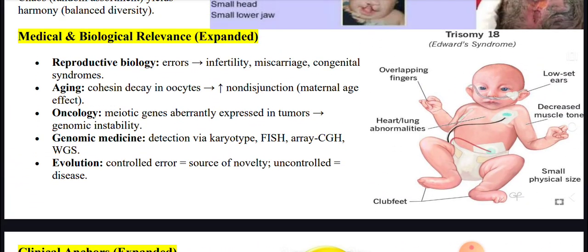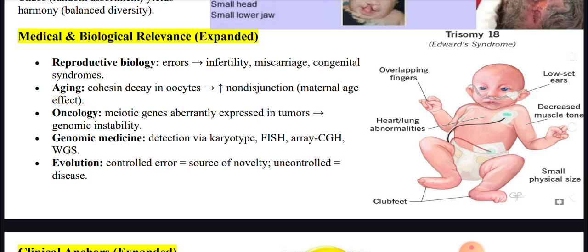That's a fascinating connection. Thankfully, our ability to actually see these meiotic errors has improved dramatically, hasn't it? We're not just relying on looking at chromosomes under a microscope anymore. Oh, absolutely. While the basic karyotype is still fundamental, modern genomic medicine uses a whole toolkit. Fluorescence in situ hybridization, FISH, uses fluorescent probes to light up specific DNA sequences, allowing us to count chromosomes or spot translocations.